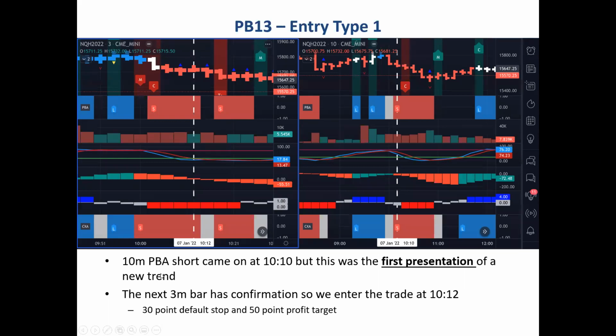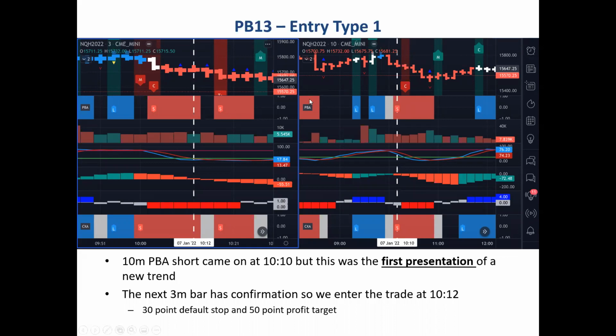So here's an example of the 10-minute PBA short came on at 10:10. So here's the 10:10 bar on January 7th. Came on at 10:10. It's the first presentation of a new trend. And you can see clearly that this is the first time that the PBA on the 10-minute is presenting a short condition.